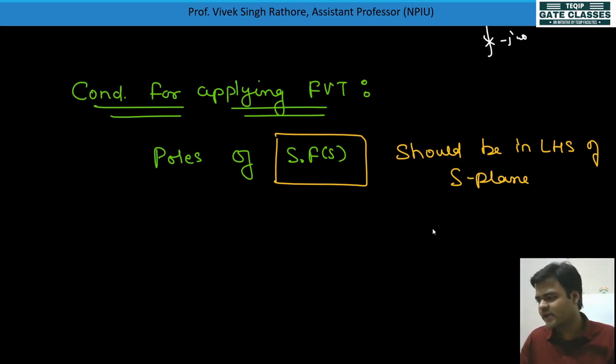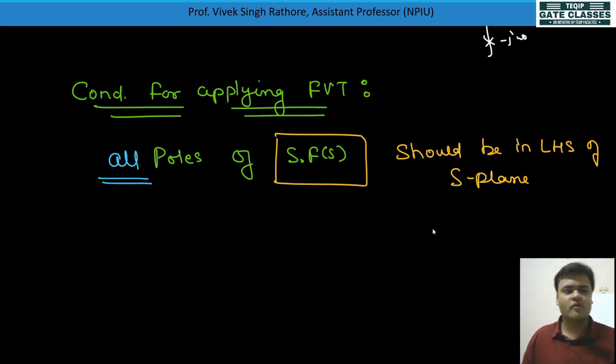The final value theorem can be applied if all poles of s into f of s lie in the left hand side of s plane.